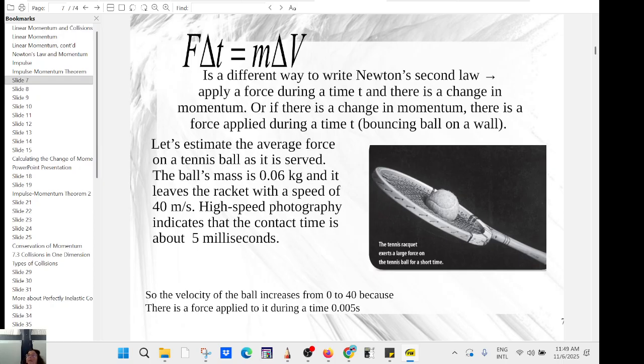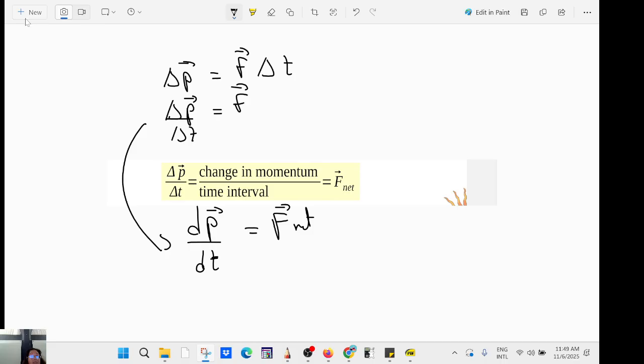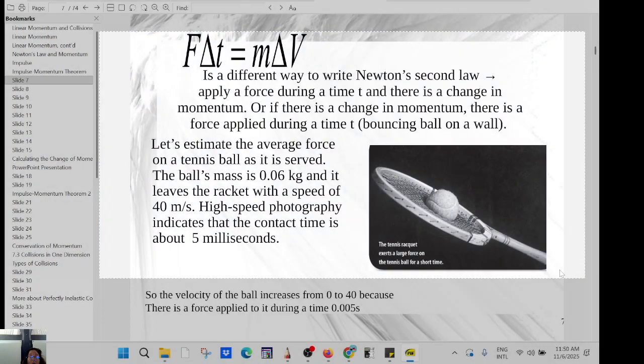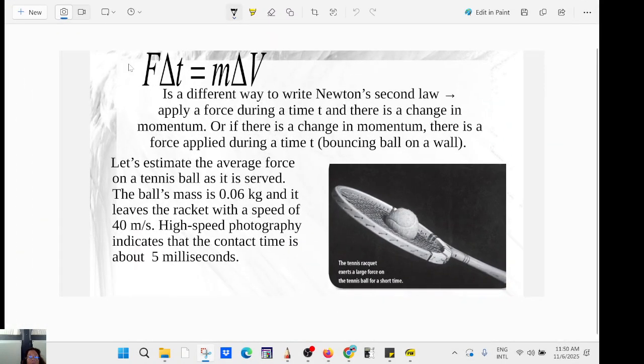So if there is a kick, there is a change in momentum, and you want to follow through to increase the momentum. So let's do this one. It's super easy, extra easy, just plugging in, nothing special. So easy, I'm ashamed to ask you to do it. So force times time, the time is 5 milliseconds, so F times 0.005 equals mass, which is 0.06, times final speed. The final is 40.